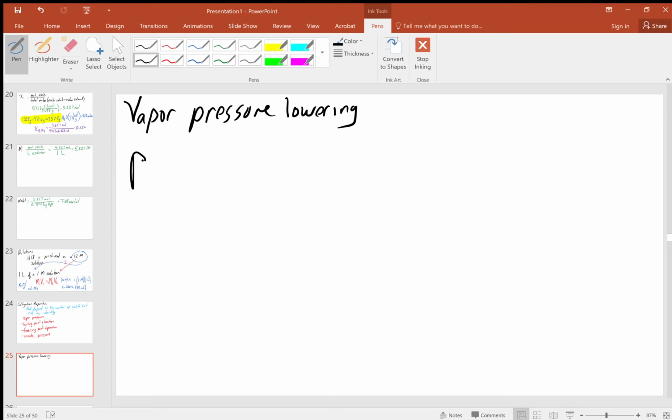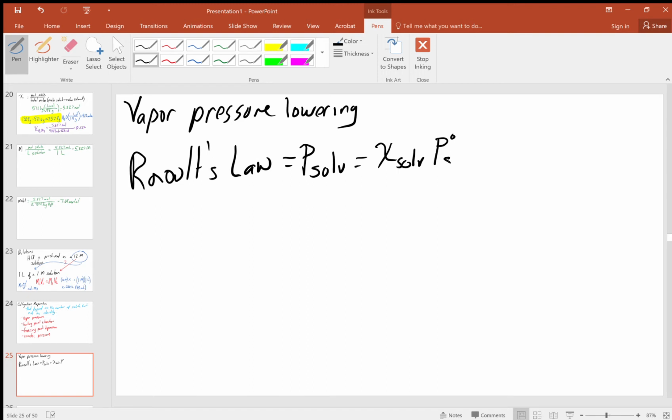So we have something known as Raoult's law, which says that the pressure of any solvent is equal to the mole fraction of the solvent times the vapor pressure of the pure solvent.